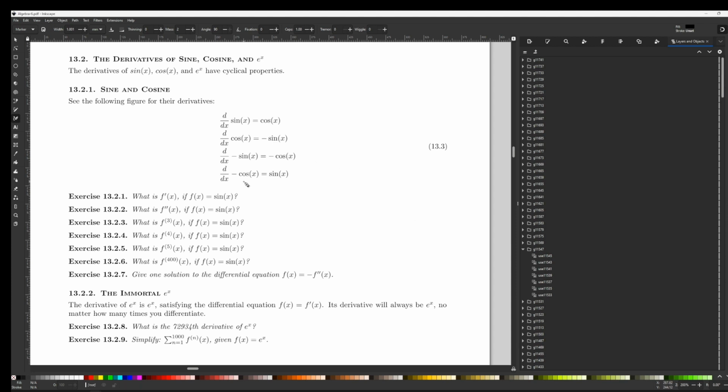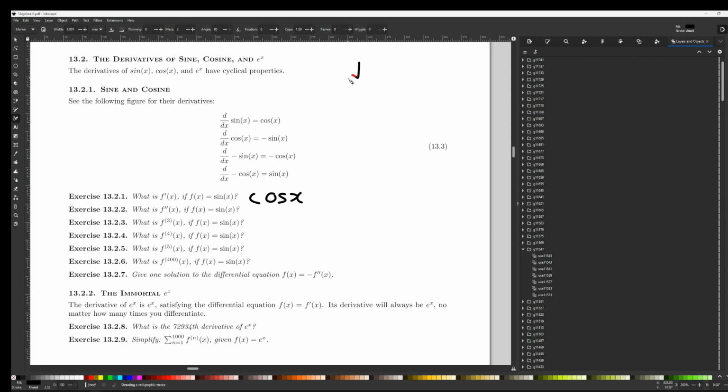Okay, let's start doing these examples. What is f prime of x if f of x is equal to sine of x? The f prime of x is just asking for the derivative of sine, which we know is cosine x. What is f double prime of x if f of x is equal to sine of x? When we see double prime, that's asking for the second derivative, which is what we get if we apply the derivative twice.